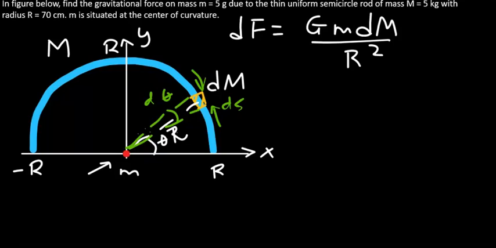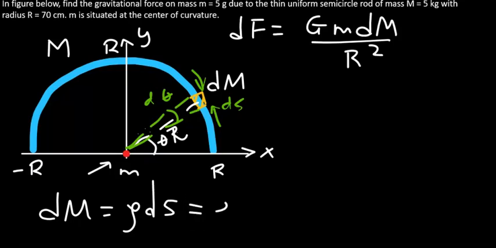What that means is the density is a constant. So we can relate the mass to the linear density in the following way: it is the linear density constant times the length of that element, ds. However, we know from geometry that ds is simply r times d theta.